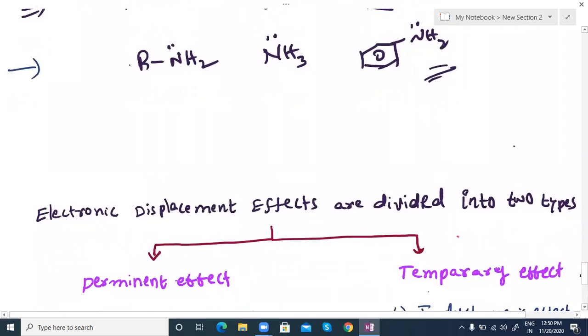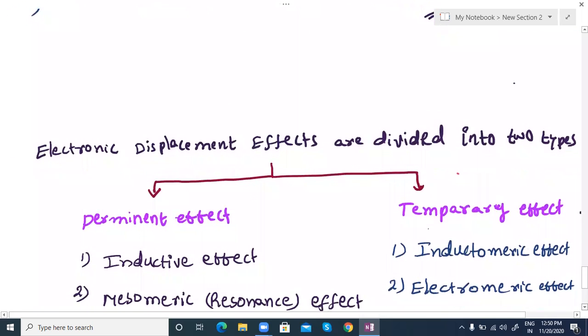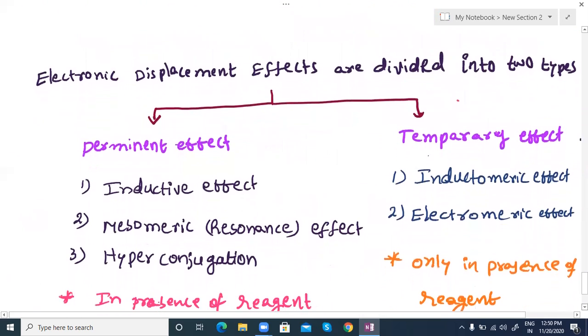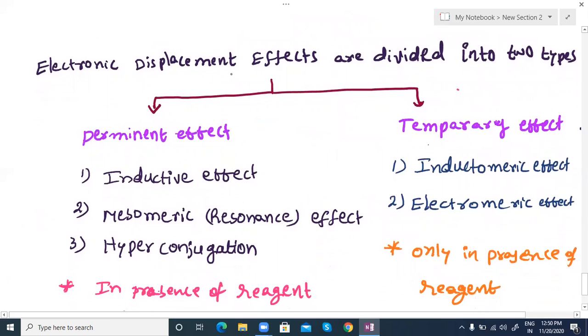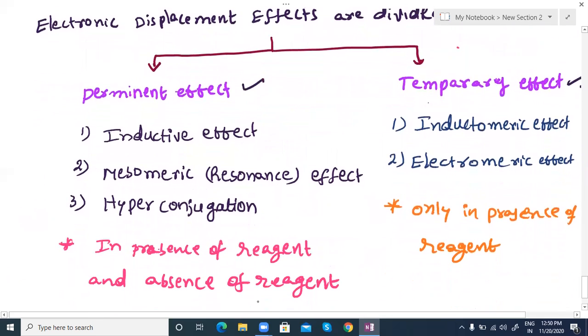Now I'm explaining the types of electron displacements. Electron displacement effects are divided into two types: permanent effects and temporary effects. The permanent effects are inductive effect, mesomeric effect, and hyperconjugation. Inductomeric effect and electromeric effect are the temporary effects.